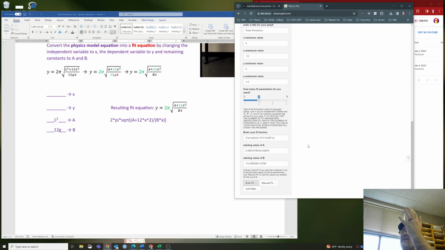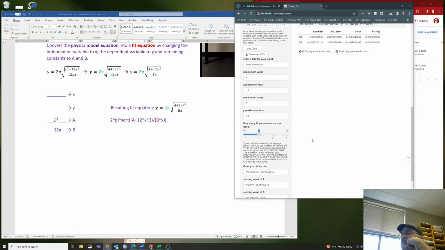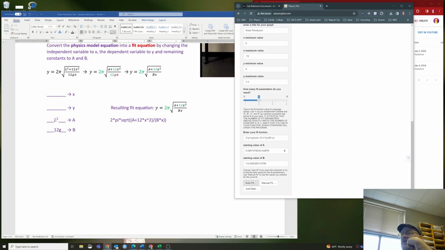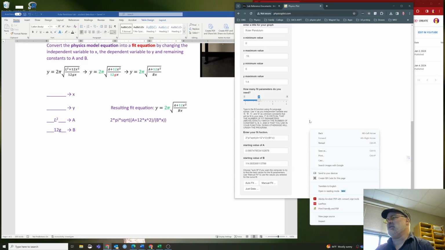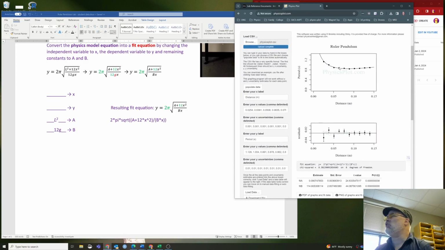Occasionally that will give you an error, and if that happens, just call me over and we can fix it. But okay, so it seems to have worked, and what it did is it adjusted the values of A and B until it found the best possible value for our data. So it could have used any value it wanted for A, any value it wanted for B. It tried all of them, figuratively speaking, in computer language, and it found the one that was closest to all of our data points.